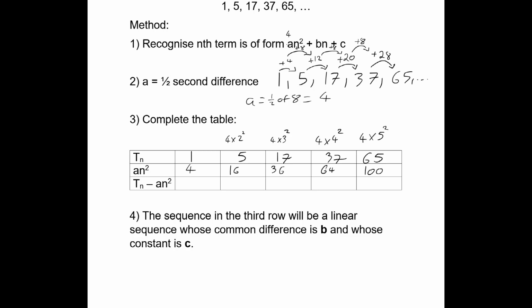We now work out Tn take away an squared. 1 take away 4 is minus 3. 5 take away 16 is minus 11. 17 take away 36, so to do that I would do 36 take away 17.